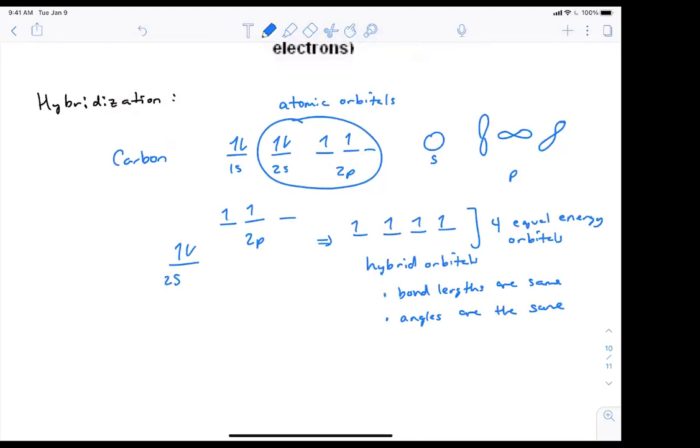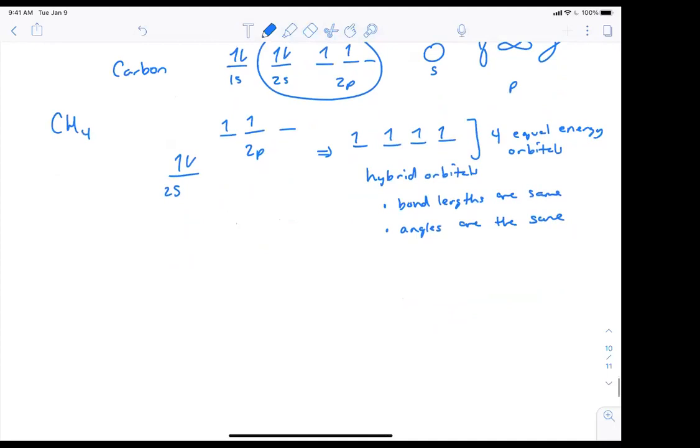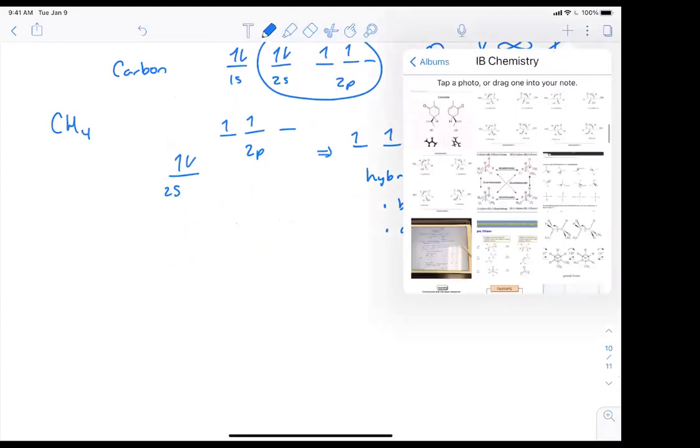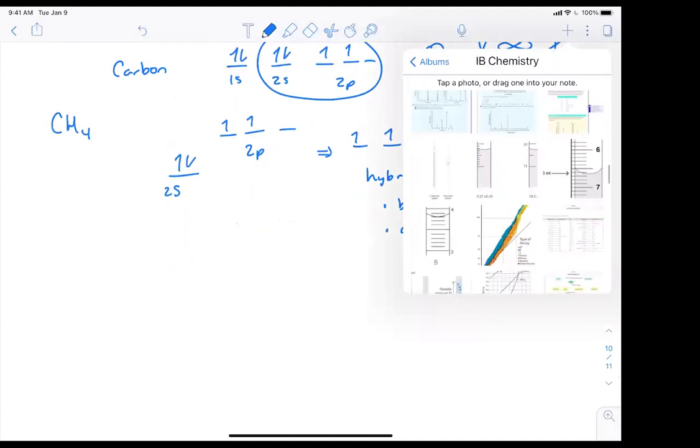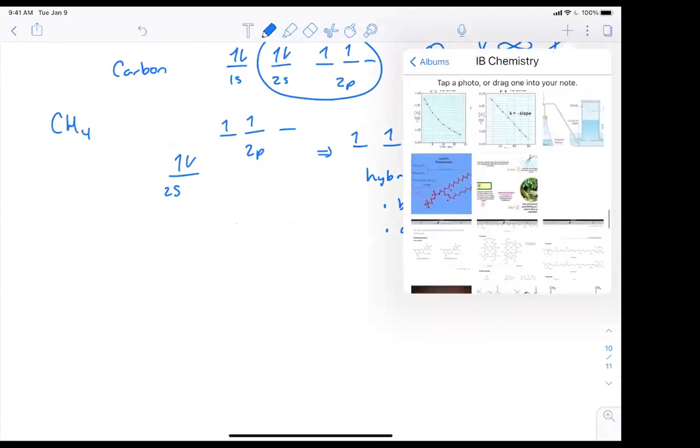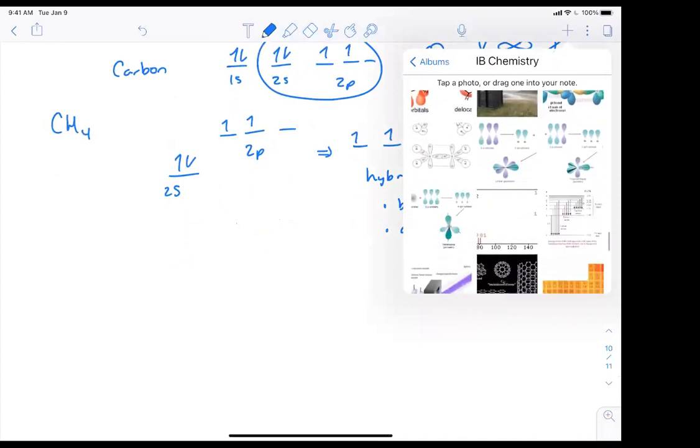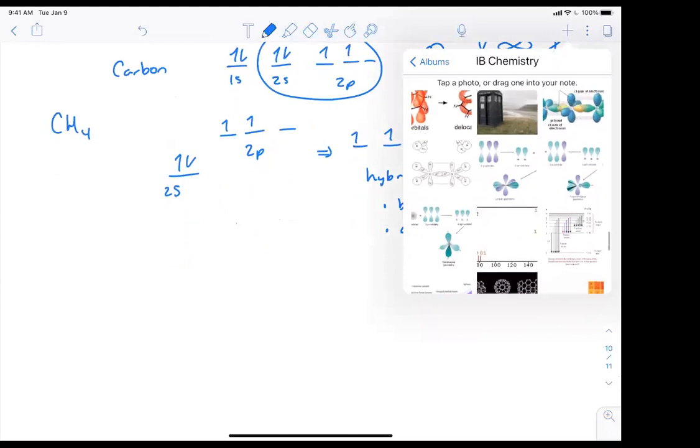Because if you had p orbitals bonding, they'd be 90 degrees from each other, and an s orbital would be a whole different issue. But it turns out that when you have carbon bonding like in CH4, they all end up being bonded at the same angle. So what that tells you is that you can't use s and p orbitals; you have to use hybrid orbitals to do that. And it looks kind of like this, a little bit better drawing of hybridization.